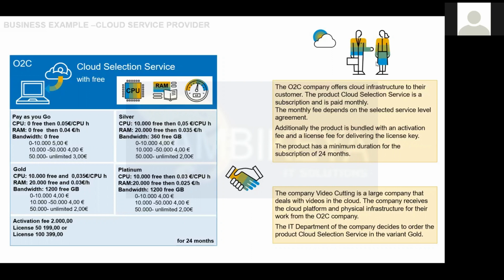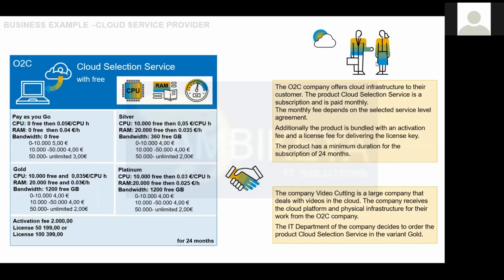We also have contract-related fees like the activation fee if you start with a contract, and you also have fees and changes. We have installed some change processes in the training example. For example, if you want to change your service level agreement, we have to implement change processes according to the subscription contracts.